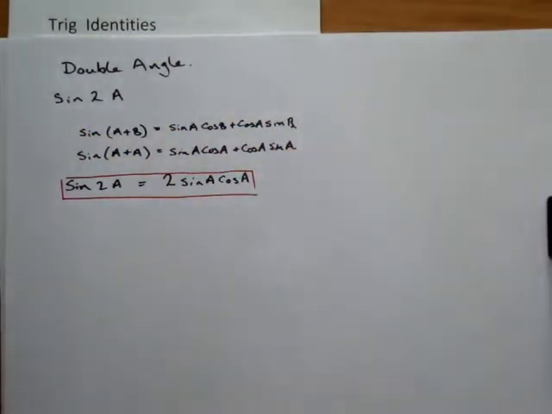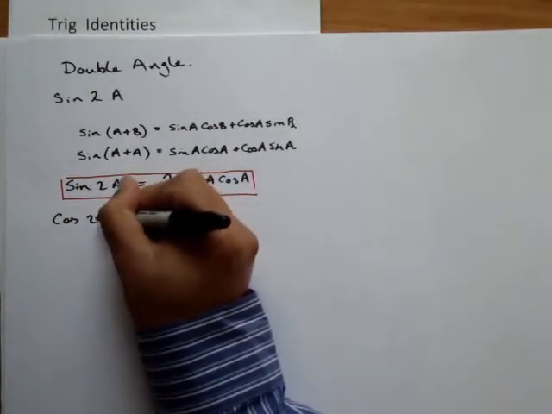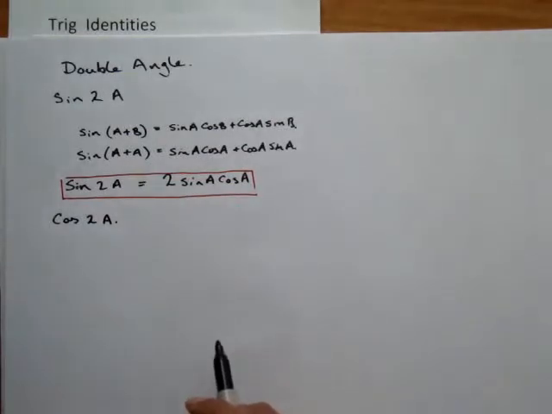Now what about the cosine double angle, cos 2A?